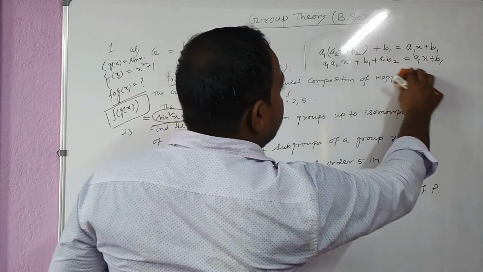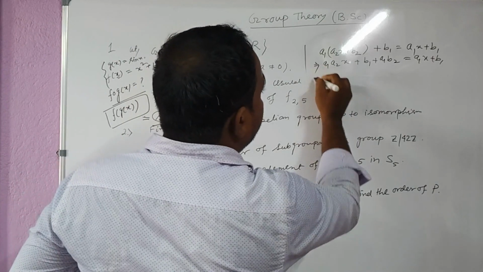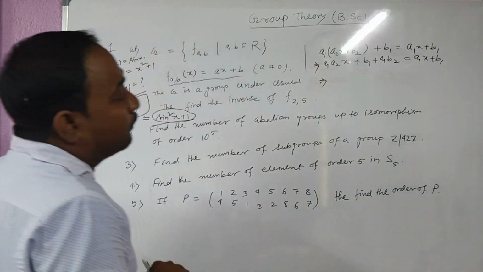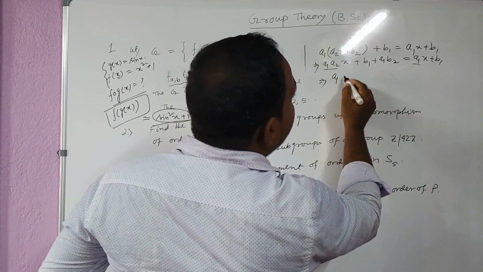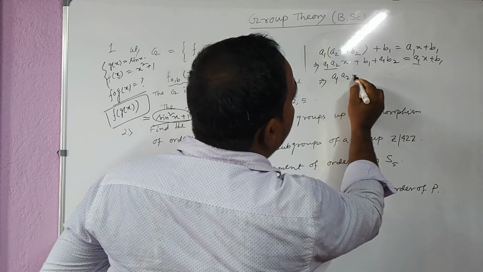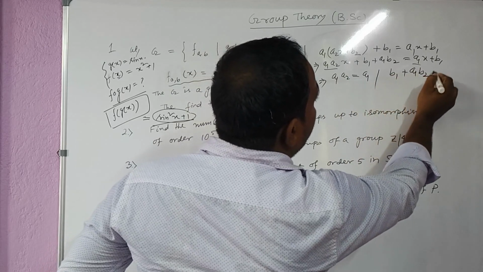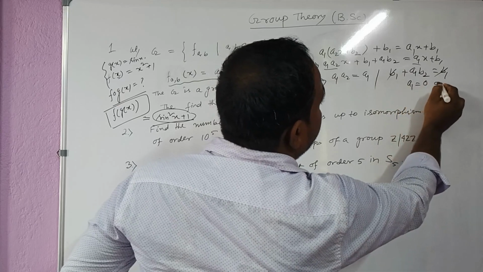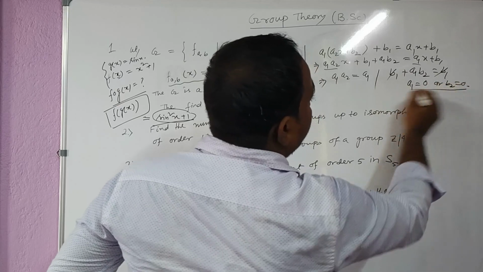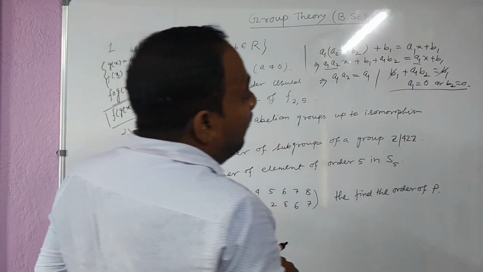Now comparing both sides, the coefficients give a1a2 equals a1, and b1 plus a1b2 equals b1. So from here, either a1 equals 0 or b2 equals 0. This is the conclusion.